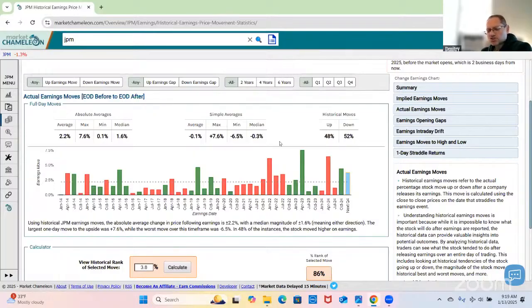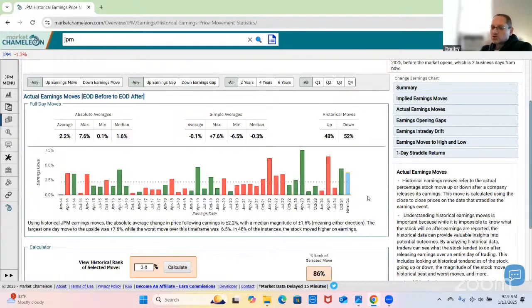And if we wanted to just separate positive moves and negative moves, 48% of the moves were up, 52% were down. So almost 50-50, but again, slight negative, a little bit more down moves than up moves from a historical perspective. All right, and then this blue bar, this is where the straddle prices right now.